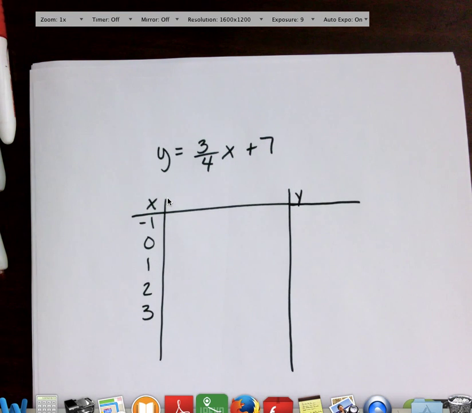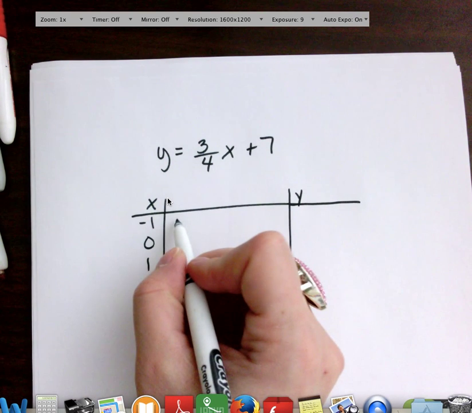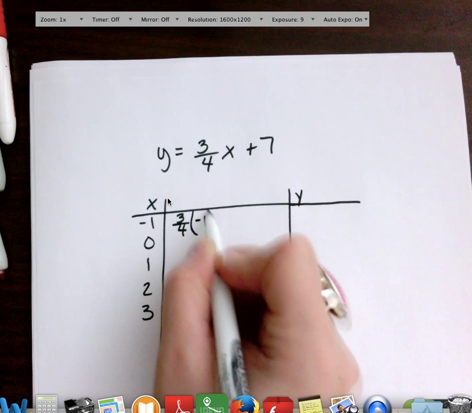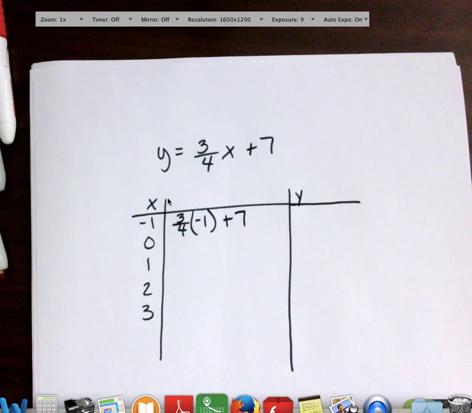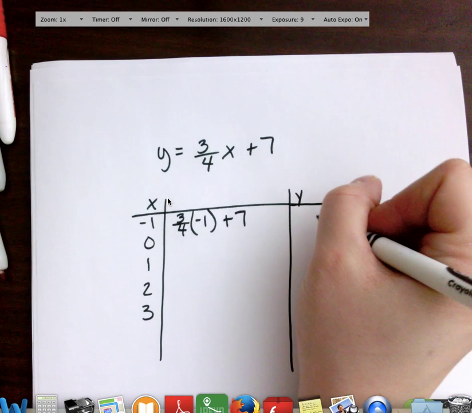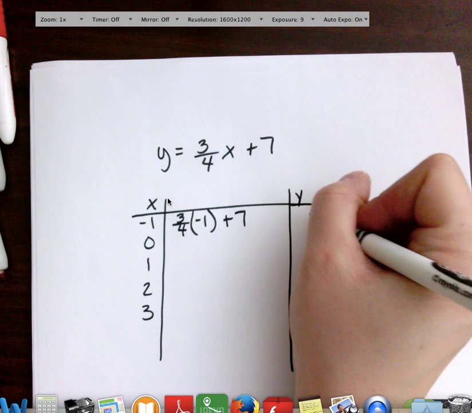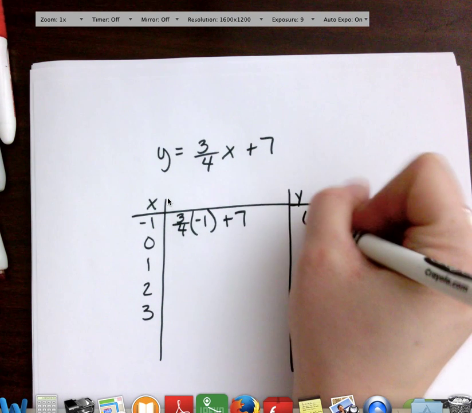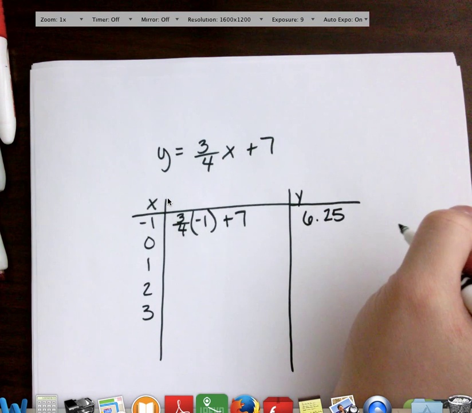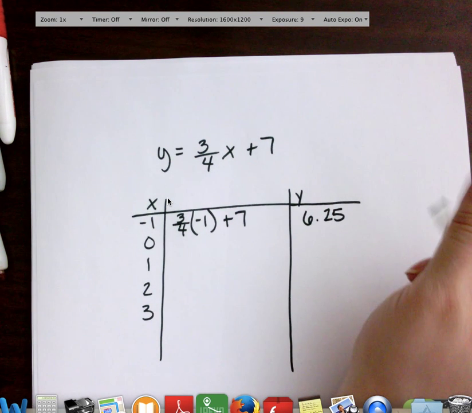What I do is I plug this x into my equation here. So y is going to equal 3/4 times -1 plus 7. So y is going to be 6.25, or 6 1/4.